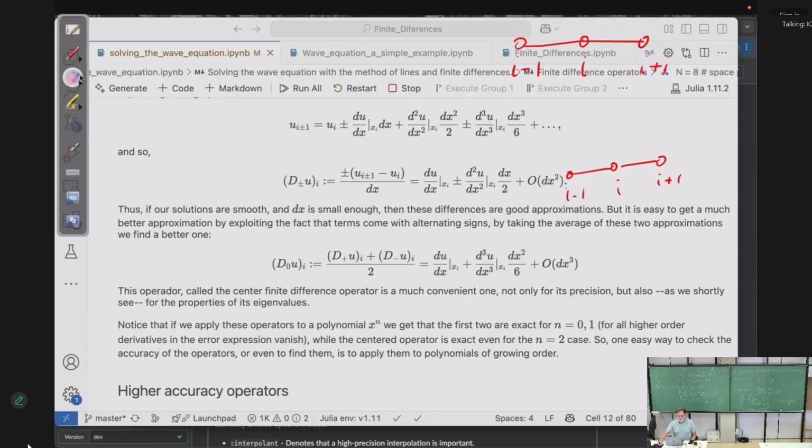And notice that, for instance, the error here for second order polynomials, so something like a plus bx plus cx squared, is exact, right? Because the error has the third derivative of u, and the third derivative of u for this polynomial is 0. So one way of checking things or finding this approximation is applying them to polynomials.